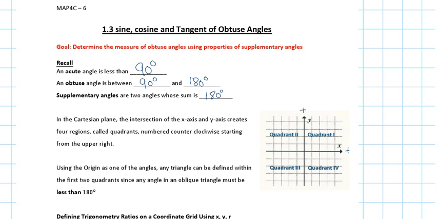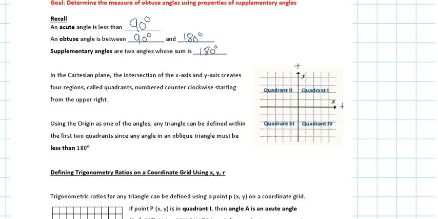Yes? All right. Now, quadrant number 2, which one is positive and which one is negative? So the x is negative, right? So if you look, your x is negative, but your y is positive. Are we okay with this?